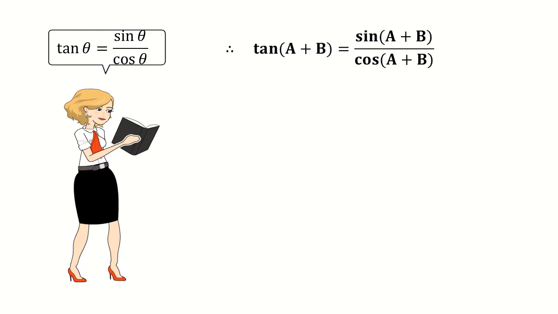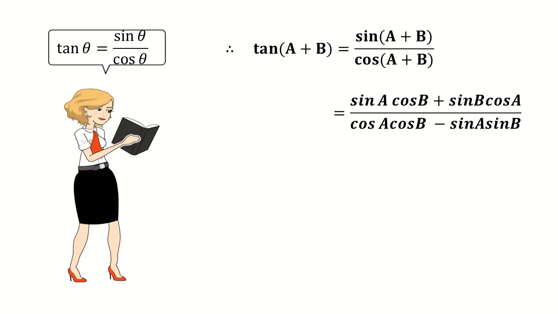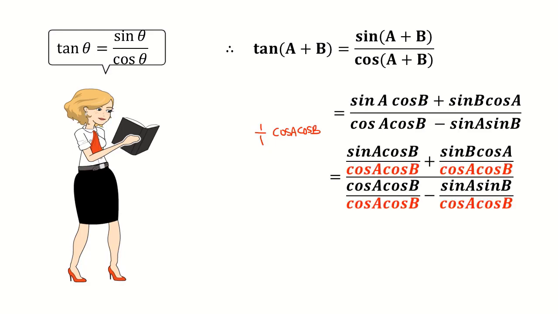So we will have tangent of A plus B equivalent to sine of A plus B divided by cosine of A plus B. We apply the addition formulas for sine and cosine, and we divide both numerator and denominator by cosine of A multiplied with cosine of B, and we do simplifications.